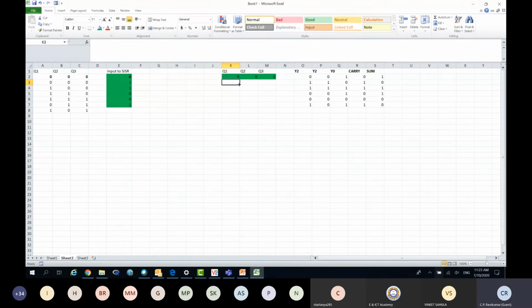Now this bit, I'm going to take it as the XOR of the sum and carry. The sum happens to be here, and the carry happens to be, I'm sorry, sum and these two guys.